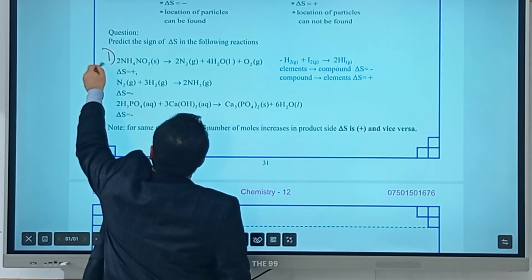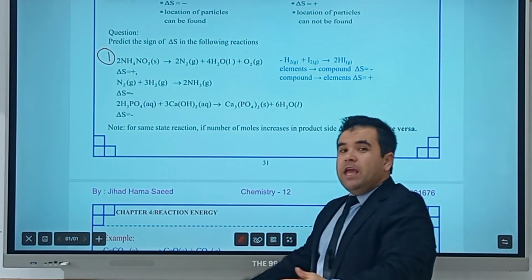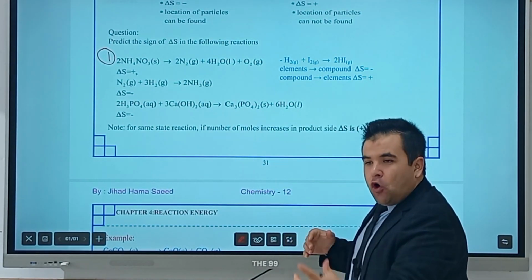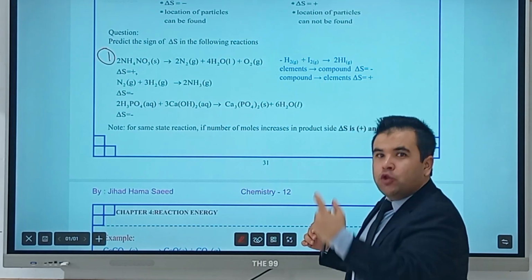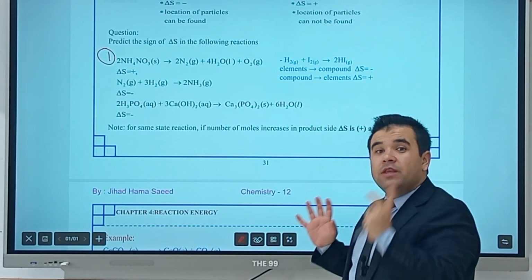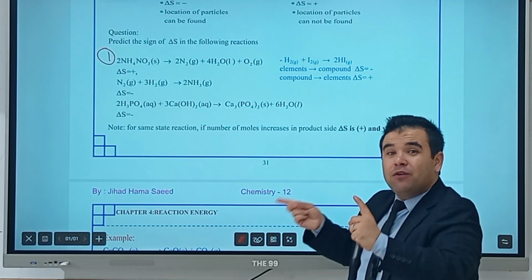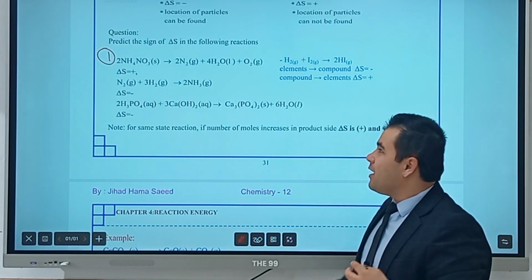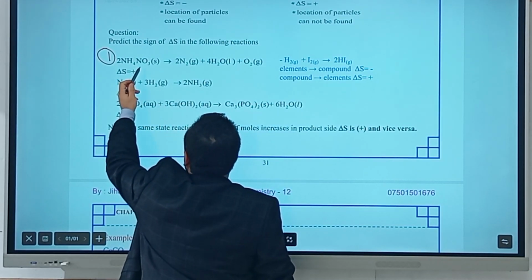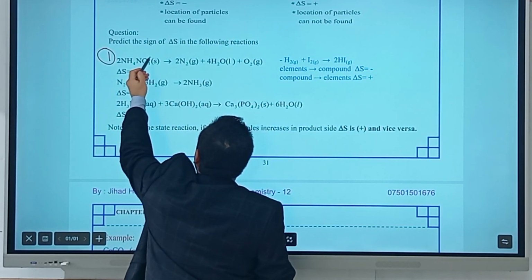So the first is by physical state. If from the reactant to the product, solid goes to liquid, liquid to gas, liquid to aqueous, or aqueous to gas, this results in a positive entropy. If the reverse, it results in a negative entropy. Have a look, guys, at this reaction, the decomposition of ammonium nitrate.